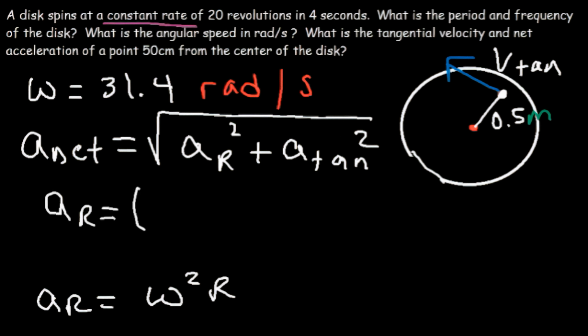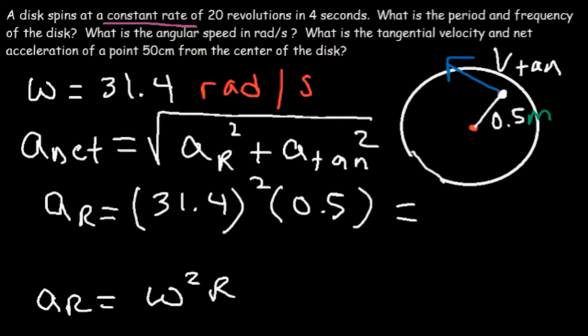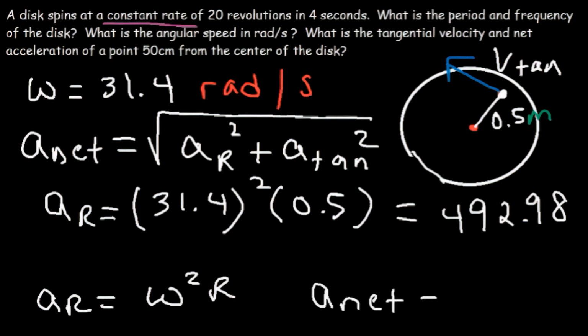So it's going to be omega, which is 31.4 squared, times the radius of 0.5 meters. And so this is going to be 492.98. Now, the net acceleration for this particular problem is the same as the radial acceleration, since the tangential acceleration is 0.